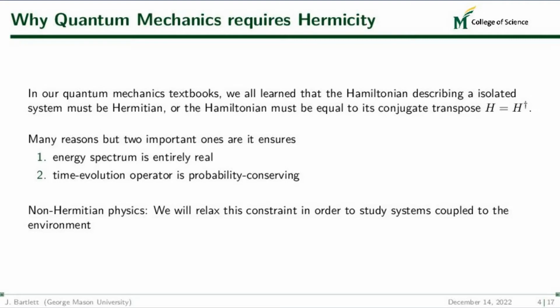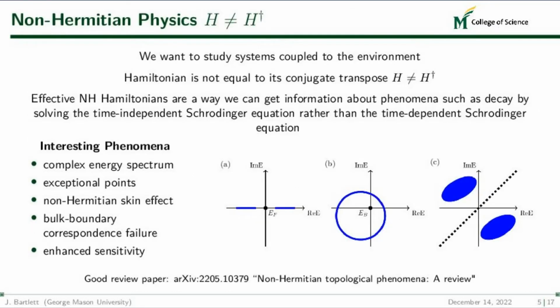Now, if we want to look at a system that is coupled to the environment rather than isolated, we're going to relax this constraint. And this is where we get into what's called non-Hermitian physics. By relaxing this constraint, the Hamiltonian is no longer equal to its conjugate transpose. So H is no longer equal to H dagger.